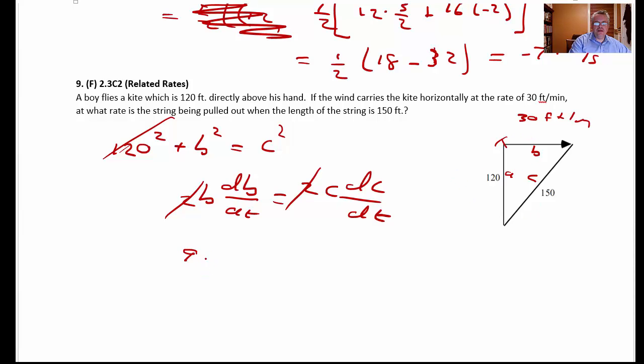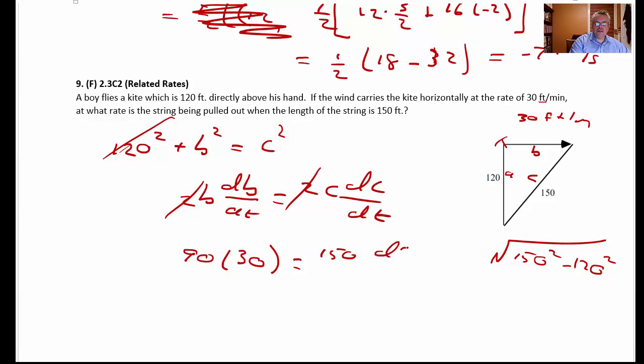That would be the square root of 150 squared minus 120 squared. You know, that'd be nice, we're doing all this math, if they told us something. dB/dt is 30. We know that. Equals C, it's 150 times dC/dt.